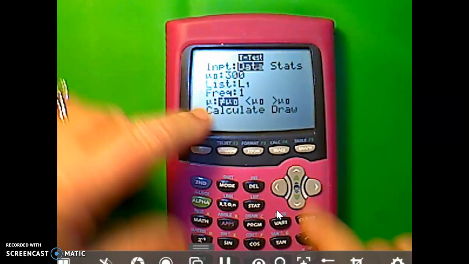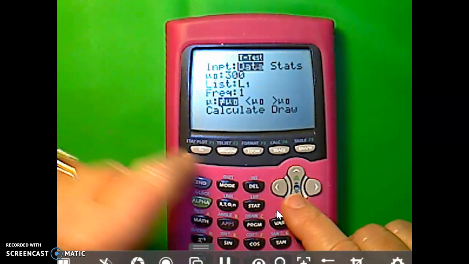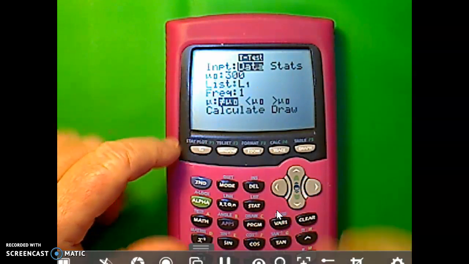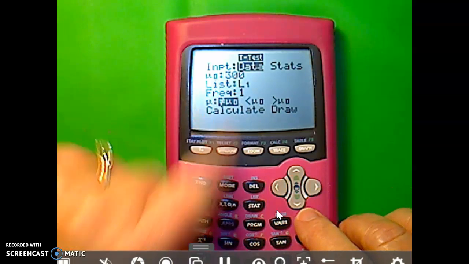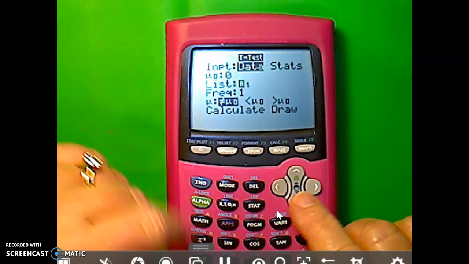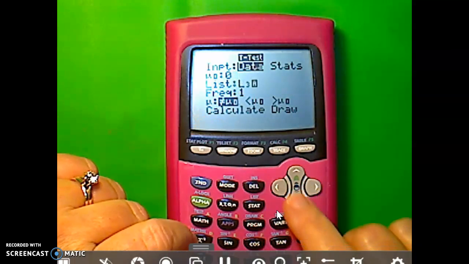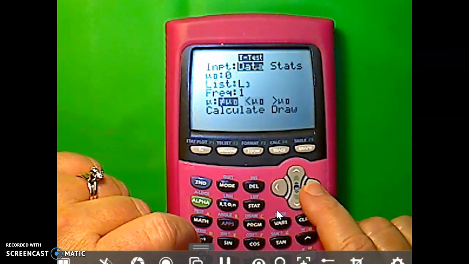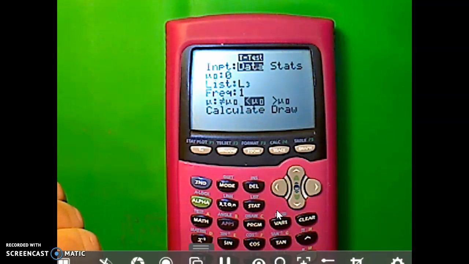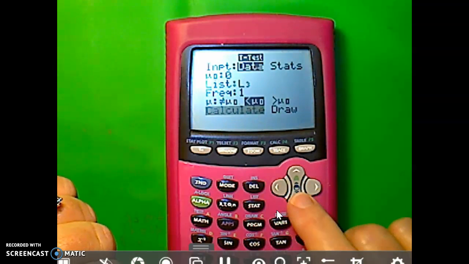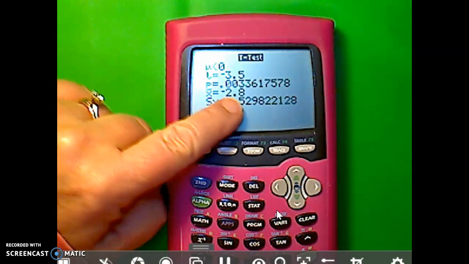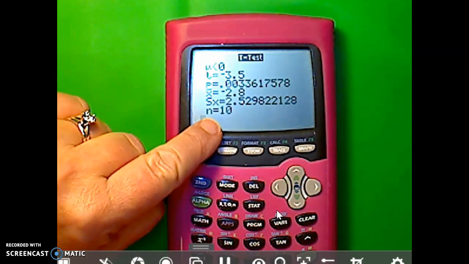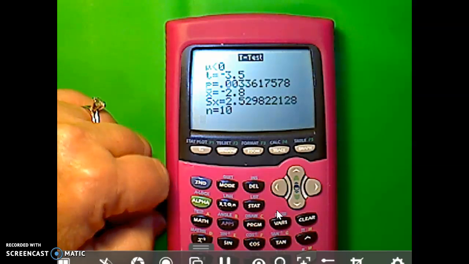I'm going to use the data; the hypothesized mean of the differences is 0. The list I'm going to use is list 3. And I want my mean of the differences to be less than 0. Let me calculate that. So there's my t-score, negative 3.5. There's my p-value. There's the mean and standard deviation.